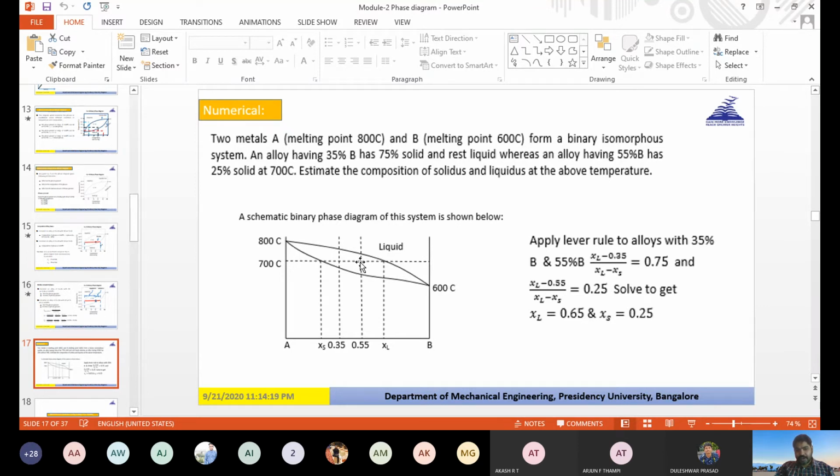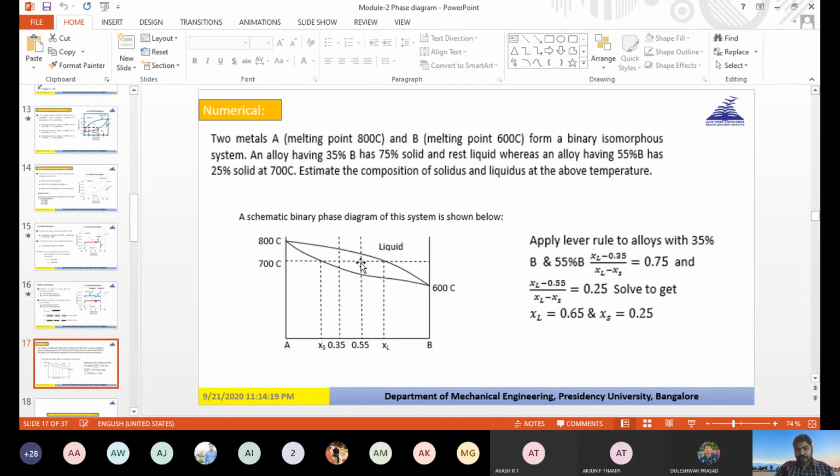So this alloy and this alloy are separate alloys. For this alloy at 700 degrees Celsius, we are having 75% solid and 25% liquid. But for this alloy at the same temperature, we are having 25% solid and 75% liquid, so the rest will be liquid.